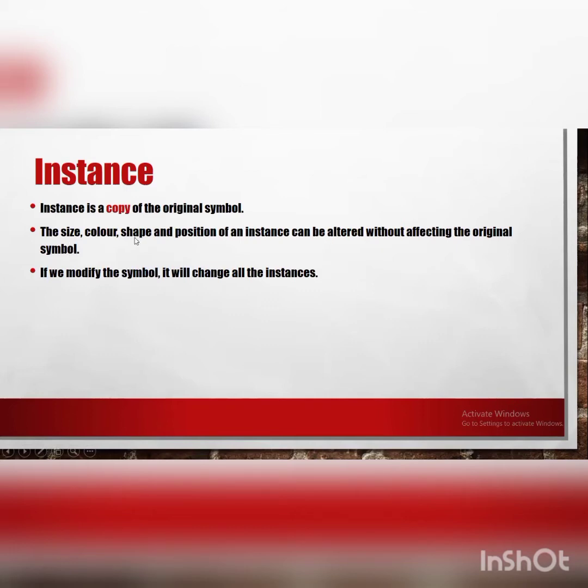For example, if we make any changes in the color, shape or size within our instance, meaning within the duplicate copy, that will not affect our original symbol. But if we modify the symbol, then it will change all the instances.